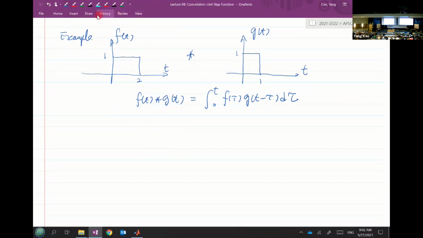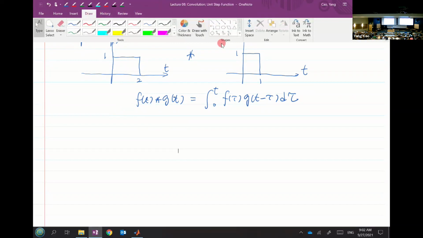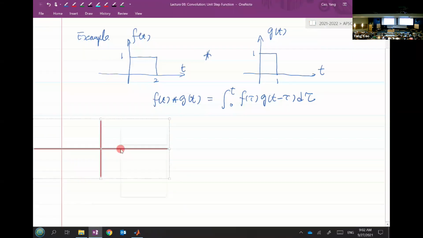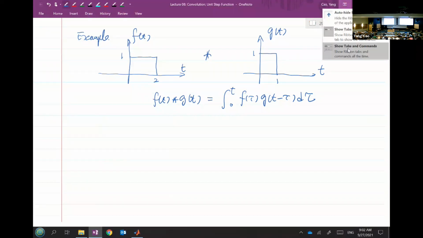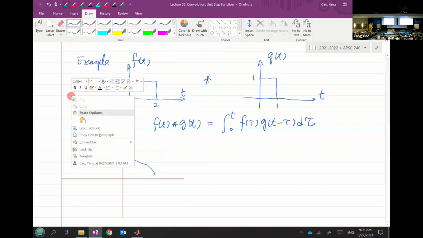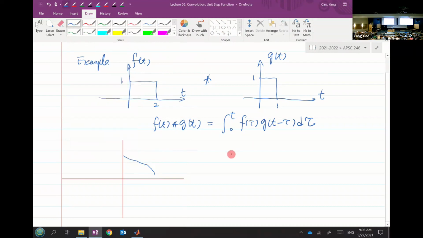As the first step, you change this to tau.